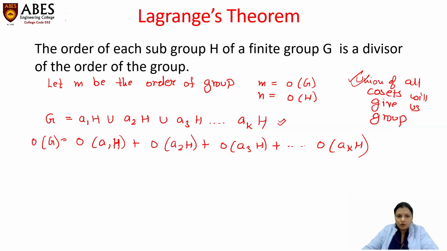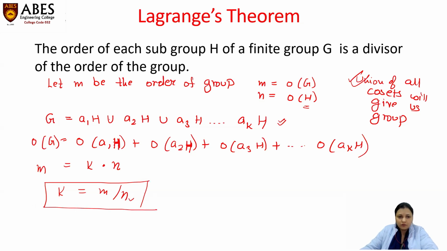For example, the number of elements in the subgroup is n, and these are the k values. So we can write this as k into n. Here the number of elements in a coset will always be equal to the number of elements in that particular subgroup. Order of group is taken as m. So here k is equal to m divided by n. So we can say that the order of the subgroup, which is n, is always a divisor of the order of the group, which is m. So this is the Lagrange theorem.